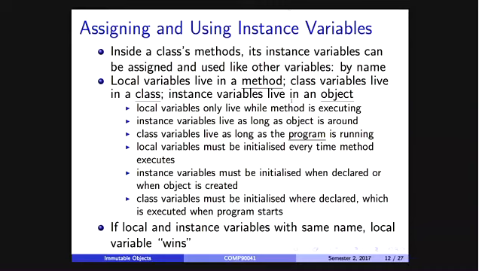An instance variable, we'll talk about how you initialize it momentarily when we talk about constructors. And finally, a local variable you initialize typically at the moment you declare it in the body of the code.